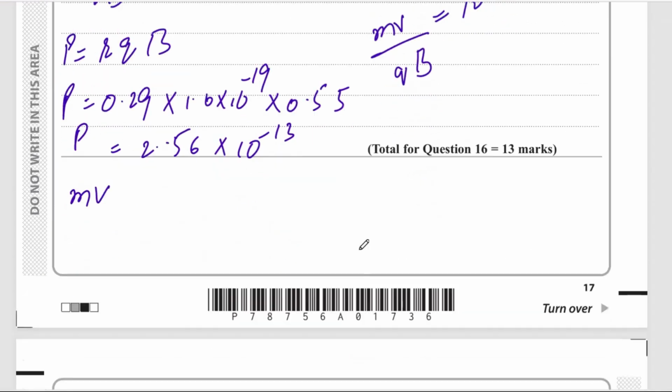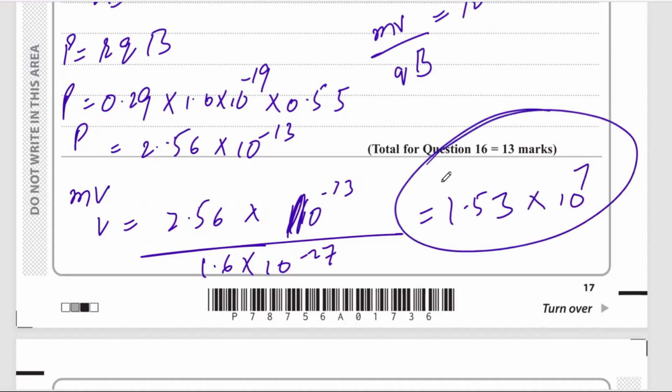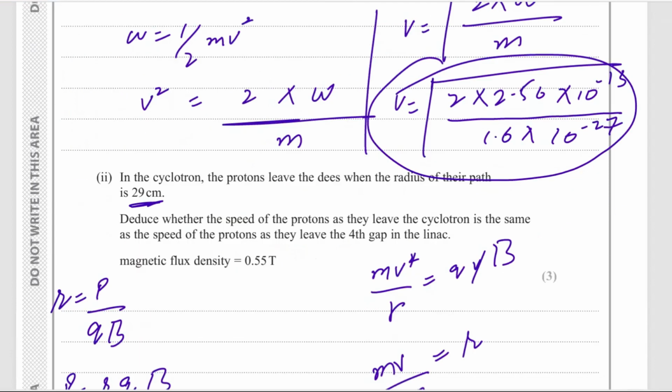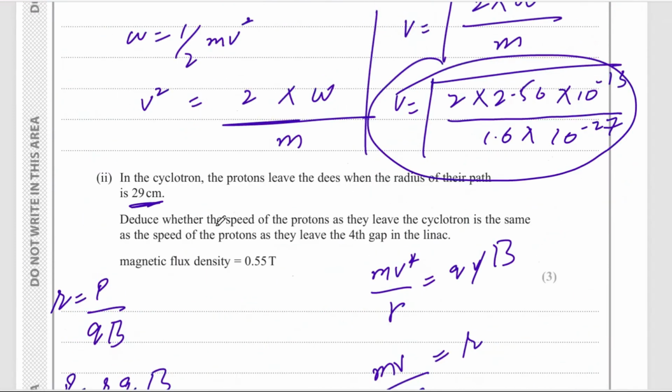Since you're talking about the speed, the speed has to be 2.56 times 10 raised to the power of negative 20, divided by the mass, and the mass is going to be 1.6 times 10 raised to the power of negative 27. And now I've got 1.53 times 10 raised to the power of 7. So you can see that I've got a different speed. Initially I was having 1.75. So they're not comparable. They were right when they told us that the speed would not be the same.